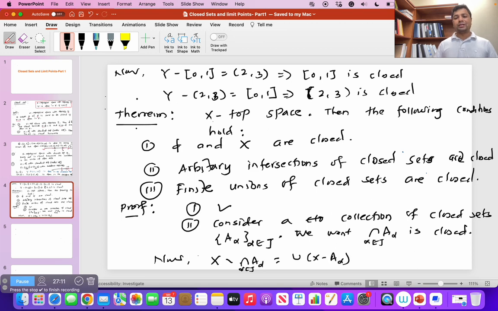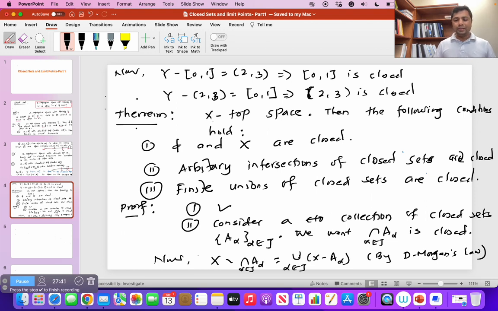So here you take the complement of each A alpha in X and then take their union. That's the same as first taking the intersection and then taking the complement. So this is by De Morgan's law. If you are not familiar with De Morgan's law, you can find it in a fundamentals of mathematics book.